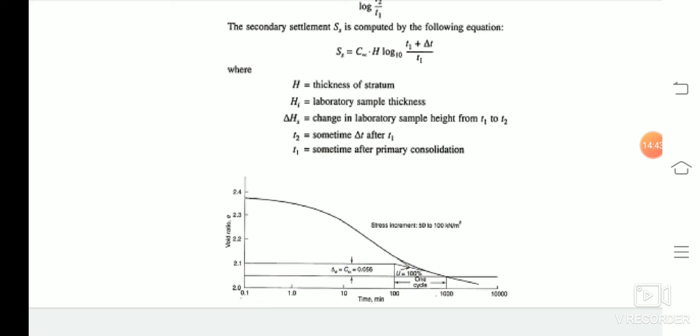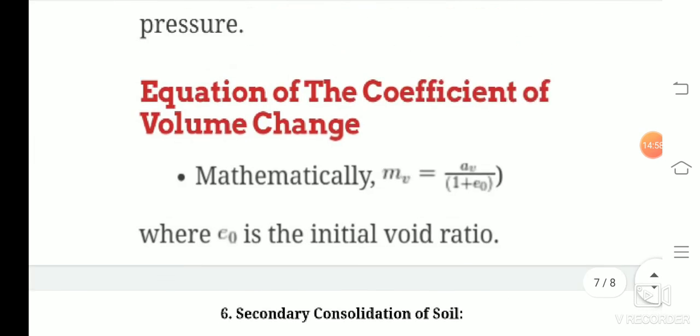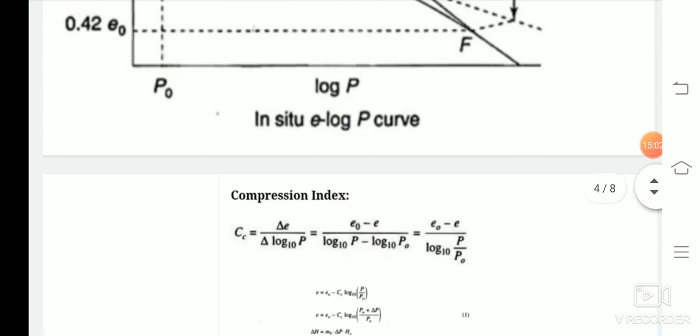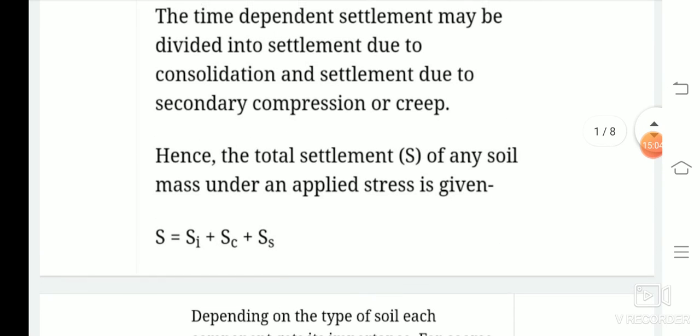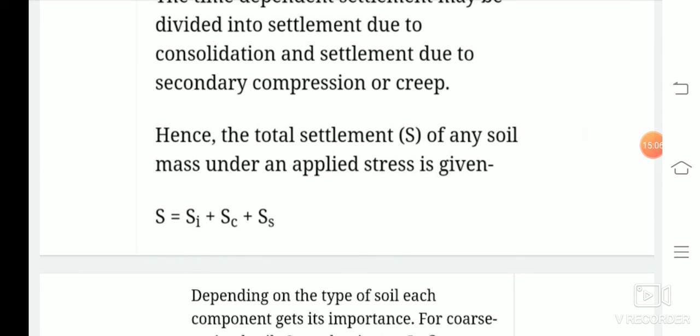Only in the case of organic soil does this settlement come into account. Otherwise this settlement is not considered important as compared to the primary consolidation. So here we can learn that the main governing parameter for settlement is the primary consolidation settlement.